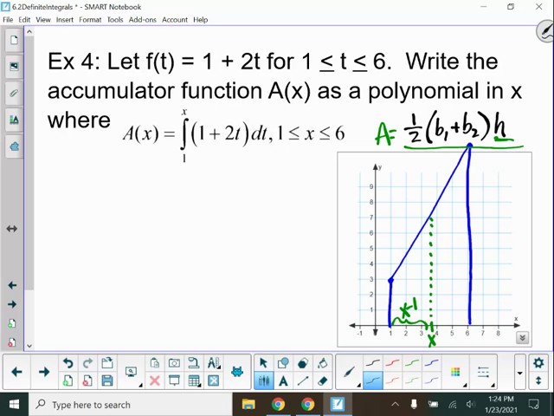So if I come over here to write my accumulator function, my formula is 1/2. I know I'm going to have my base 1 and my base 2 that I'm going to have to add together. And then x minus 1 is going to be my height. Well, base 1, which is this distance, that's merely going to be 3.